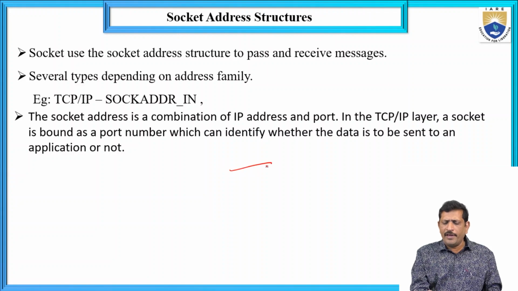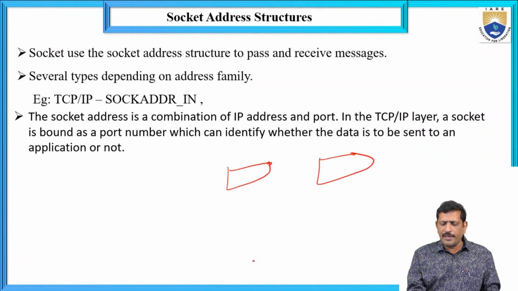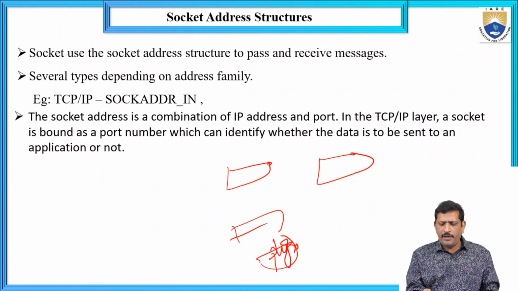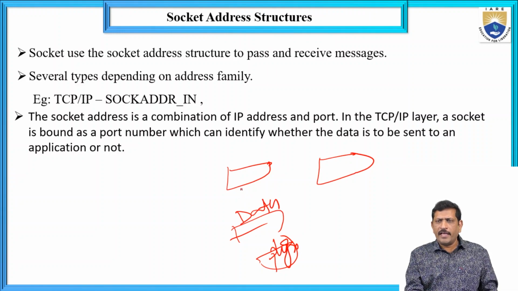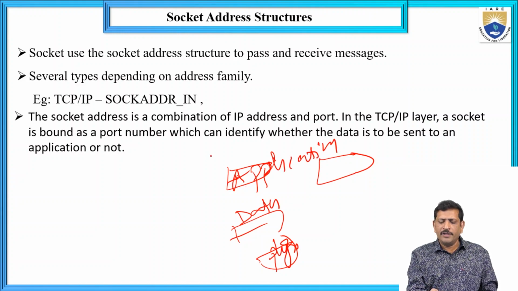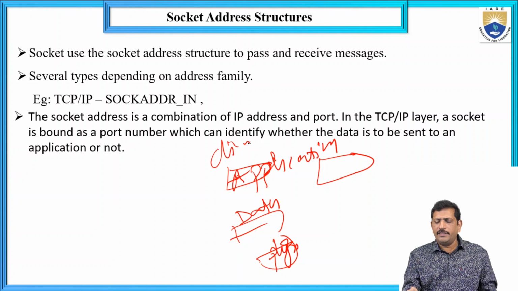Here, in the OSI reference model, you can see the number of layers: physical layer, data link layer, network layer, transport layer, session layer, presentation layer, and finally the last layer, the application layer. This one is client 1 and this one is client 2, the other two are servers.